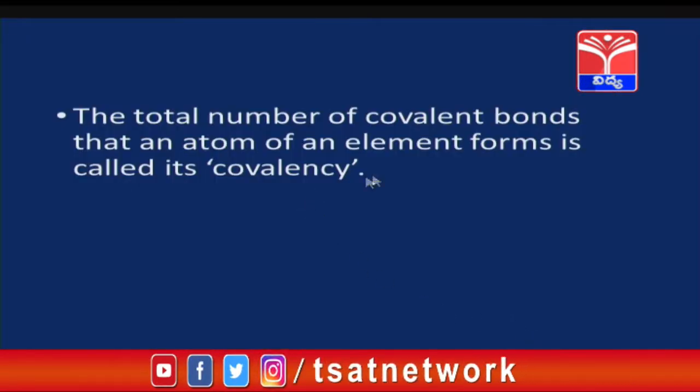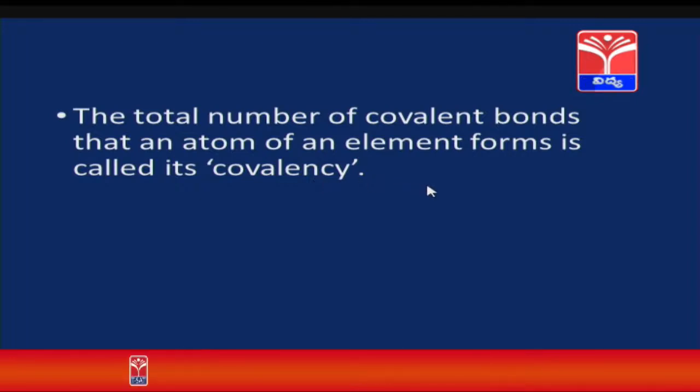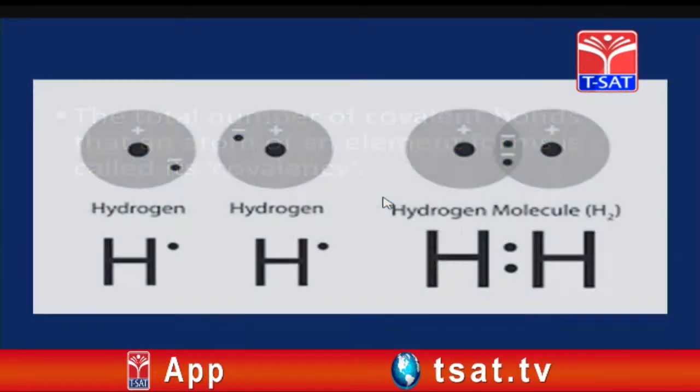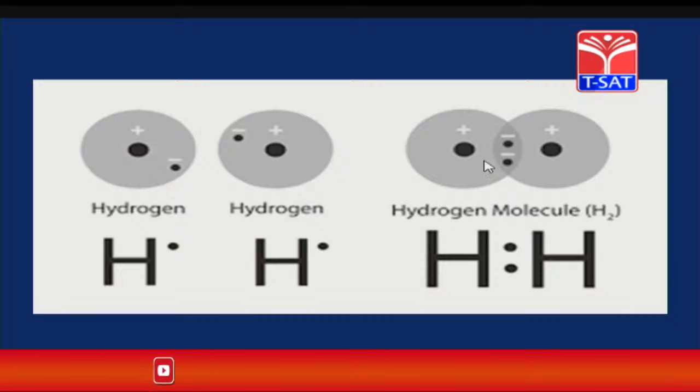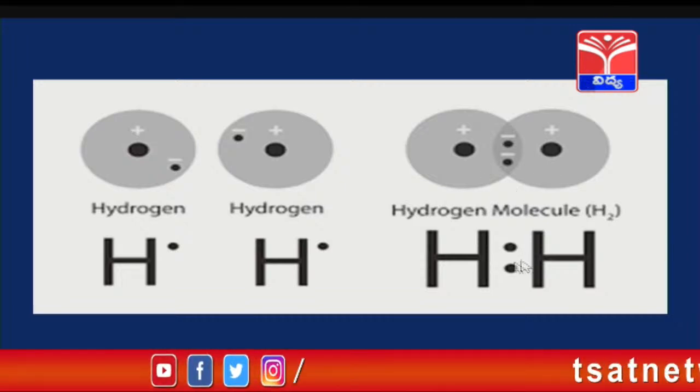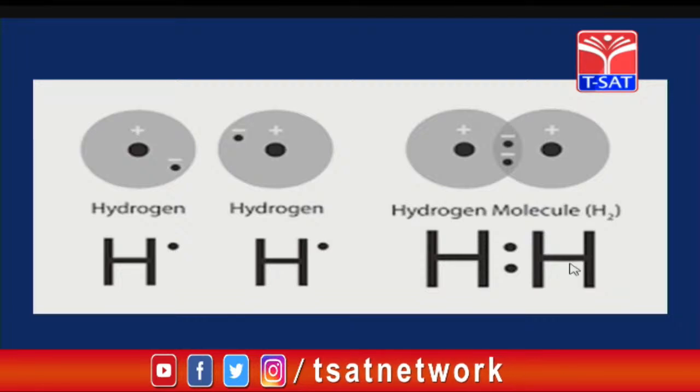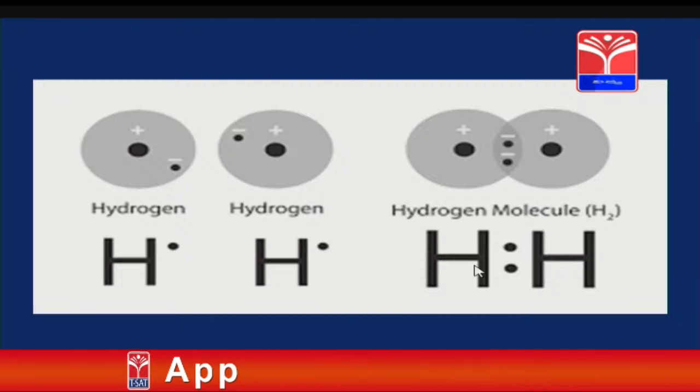So, children, the total number of covalent bonds that an atom of an element forms is called as covalency. We have seen formation of single bond due to the sharing of a single pair of electrons between the 2 hydrogen atoms. So, a single bond is formed when 1 pair of electrons is shared. So, hydrogen molecule has a single bond between 2 hydrogen atoms.